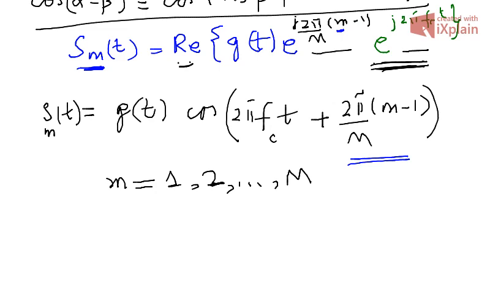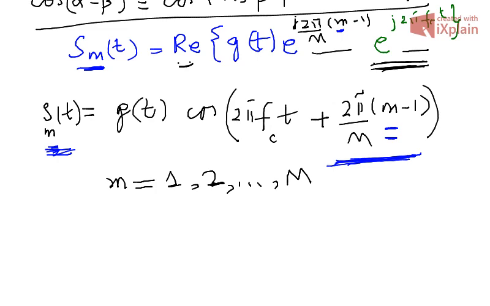This is just the phase which varies with m. So S1 of t with m is 1, S2 of t, m would be 2, S3 of t, m would be 3, S4 of t, m would be 4. So you can differentiate different signal waveforms by different values of m, and these values of m represent a different phase for this signal.